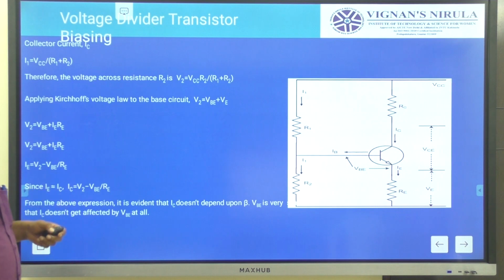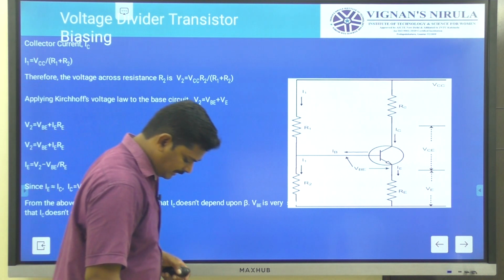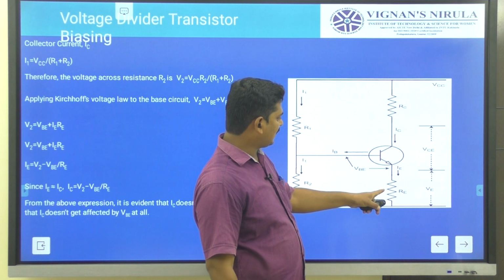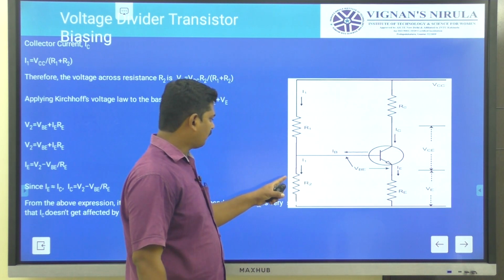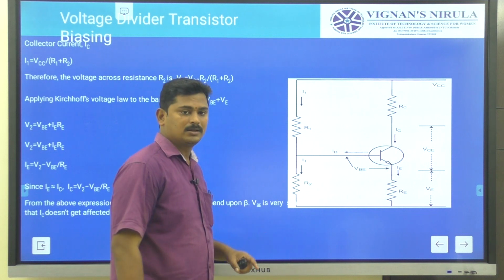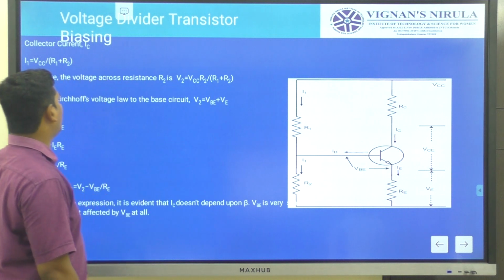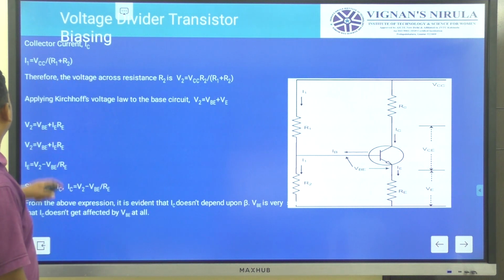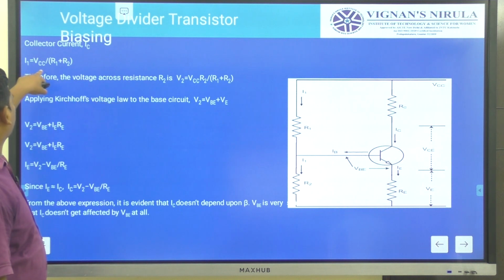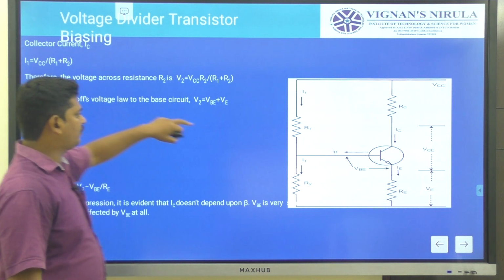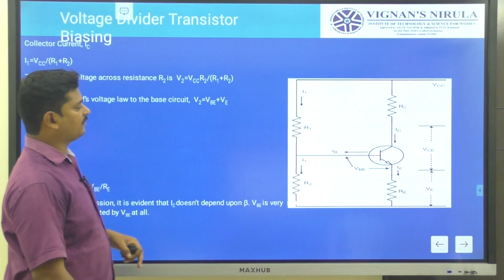Now if you see the voltage divider transistor biasing, here we connected one more resistor at the emitter of the transistor and one more resistor at the base of the transistor. Similarly, if you apply Kirchhoff's voltage law at the input side, we can write that the value of the current I1 equals VCC by R1 plus R2. We also call this the voltage divider circuit.